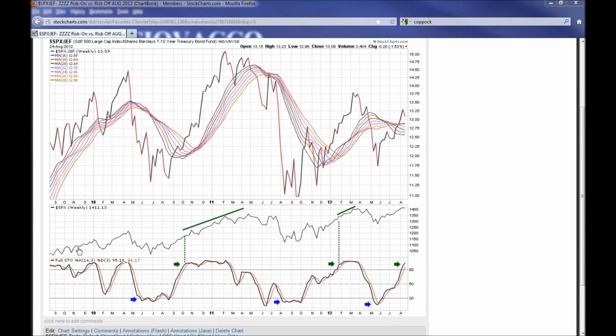Before we show what appears to be bullish signals on the weekly full stochastic indicator, we do want to point out one concern that we have. If you go back and look at our videos over the last few weeks, we have lines here that say stocks did well after this point. Stocks did well after this point.